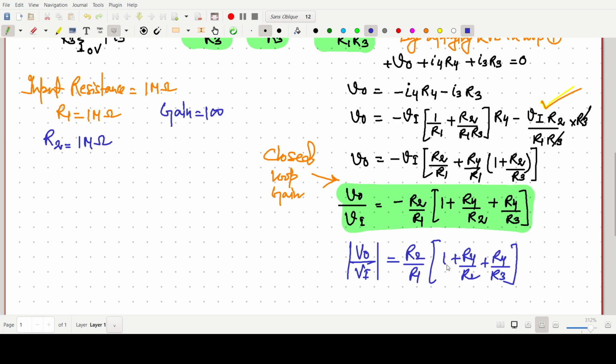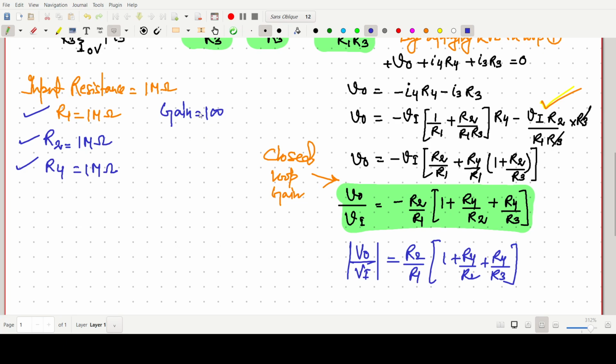Now I am taking R4 also as 1 mega ohm, so R4 by R2 is also 1. So R3 we can find. Some resistance values we have assumed.